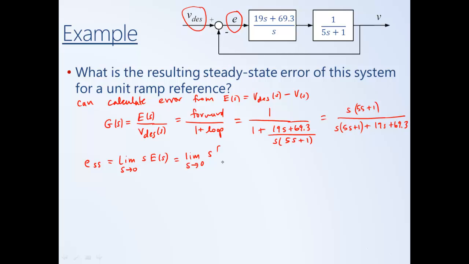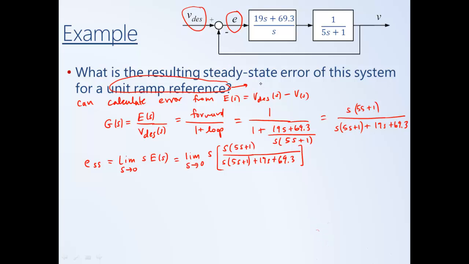So we have this transfer function and we multiply it by v desired, where we have a unit ramp reference.